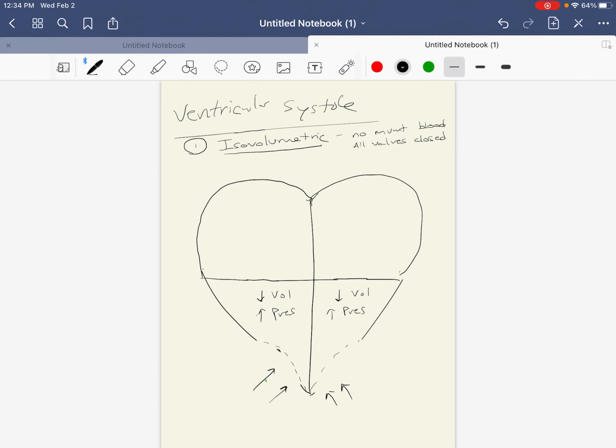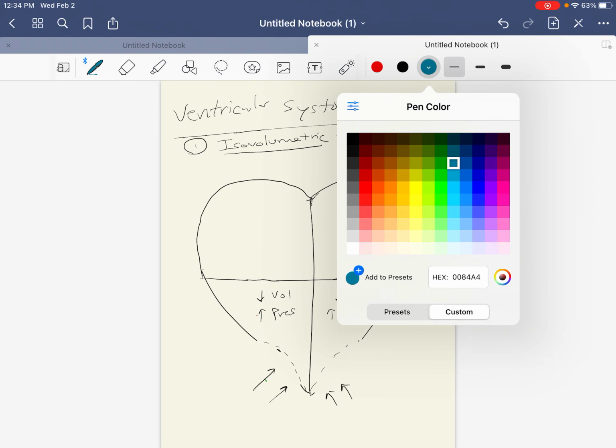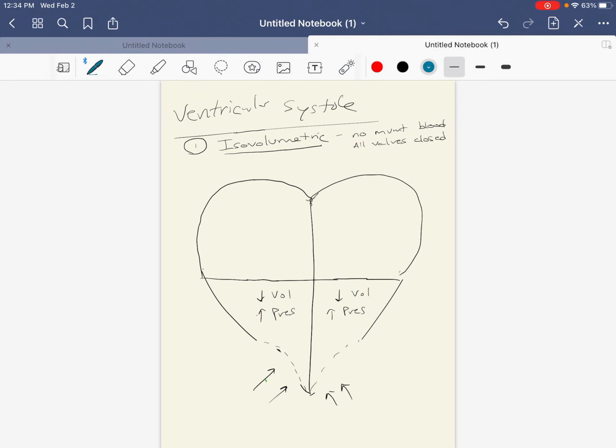Okay. Now, before I continue with the second part, I'm going to try and draw in some of the other vessels because we know from the anatomy of the heart and blood flow through the heart that the right ventricle is going to pump out to the pulmonary trunk and then pulmonary arteries.